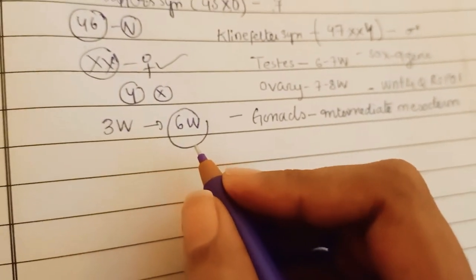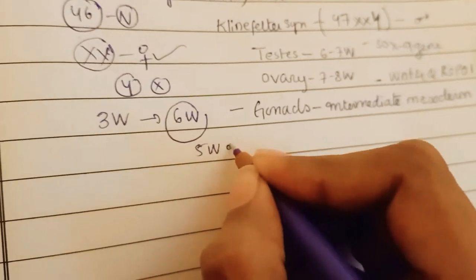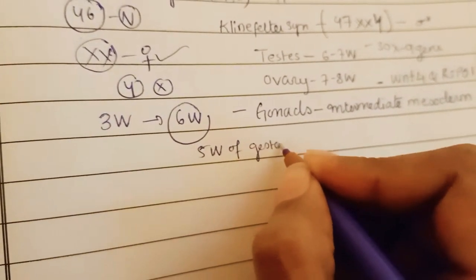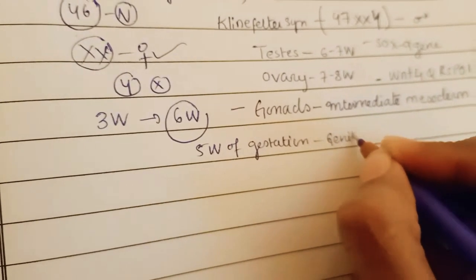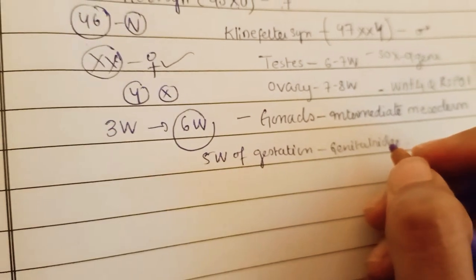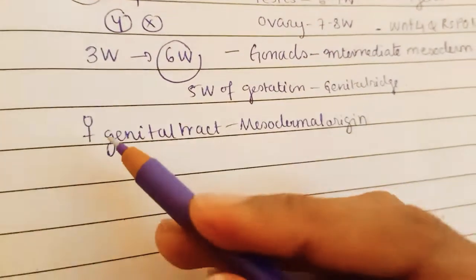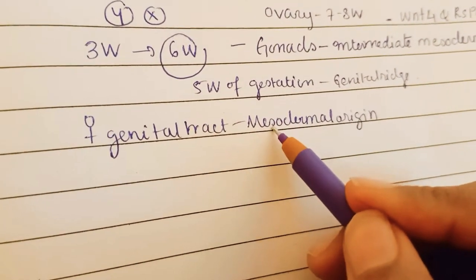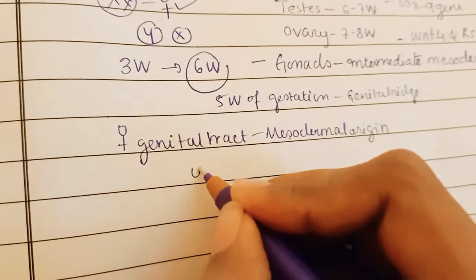Now coming to the genital ridge. The genital ridge is first seen at 5 weeks of gestation. Most of the female genital tract is mesodermal in origin, except the parts which are derived from the urogenital sinus.